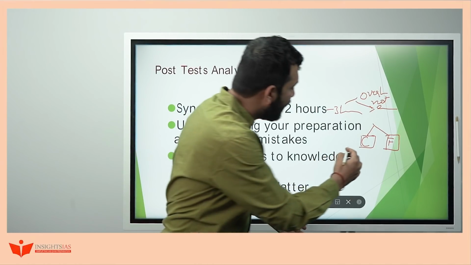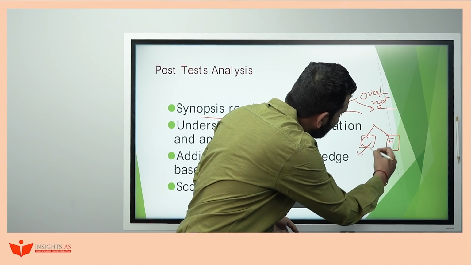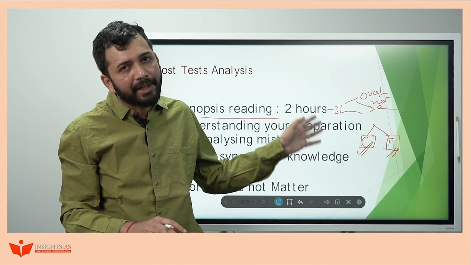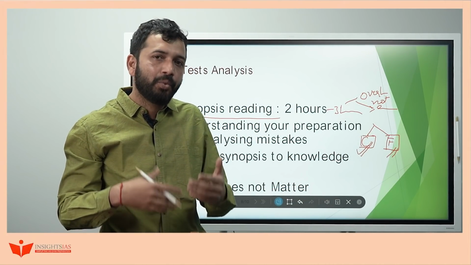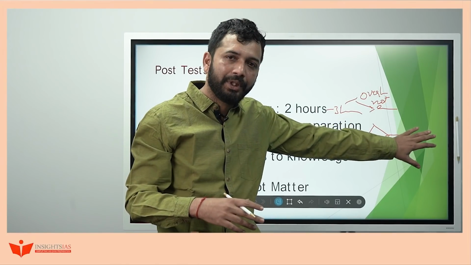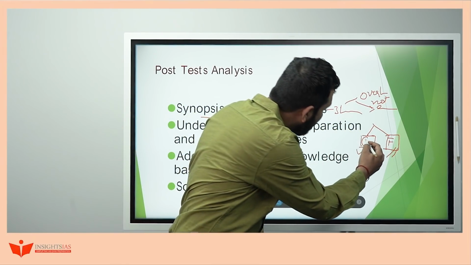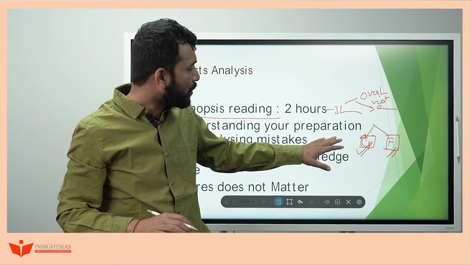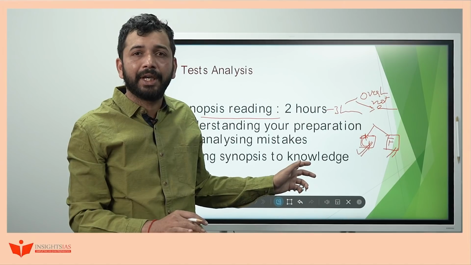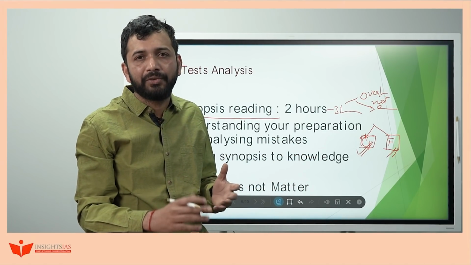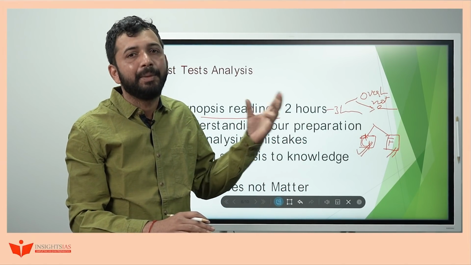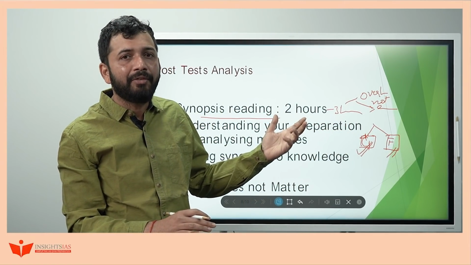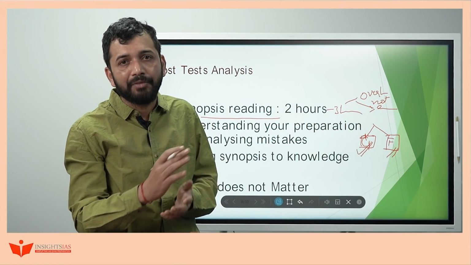So analyze whether you are making a conceptual error or a factual error. If it is a factual error, that will be fine, because with more revision you can end up getting them correct. However, if it is a conceptual error, then go and read your basic book again, or look at some YouTube videos where you can understand that concept better. It helps you to know yourself and also rectify your weakness.